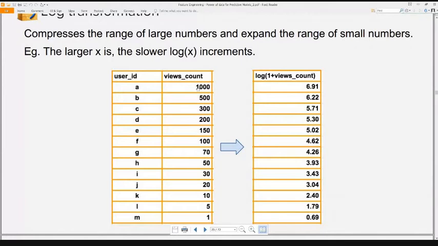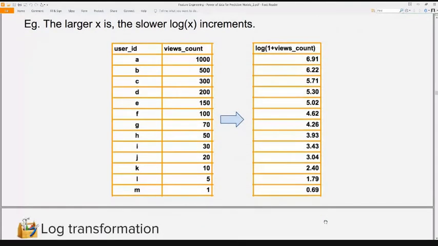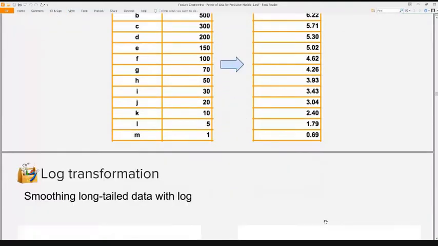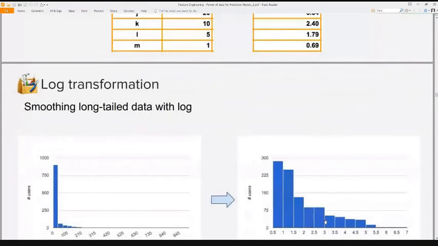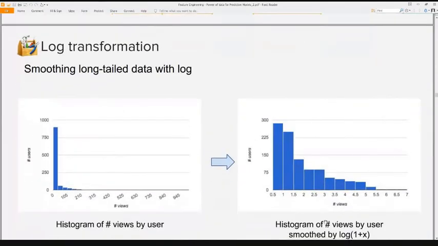As it goes to 1,500, you see 6.9 and 6.2, 5.7, etc. So it compresses the range so that the feature space in your machine learning model becomes smaller, the model becomes more accurate, and computes faster.